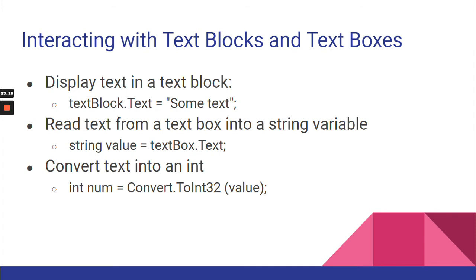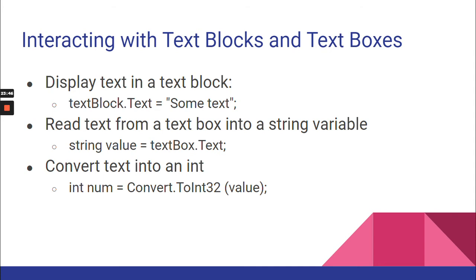You are not expected to understand deeply what properties are at this point. But it basically says, take the value of this expression. In this case, the expression is a string expression that just says some text, and it's going to assign it into the text property of the text block. In the case of a text block, that means just display this text. So when you want your text block to display some text, you just do this kind of a statement.